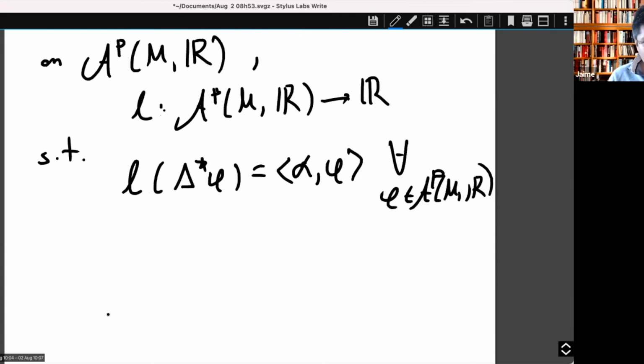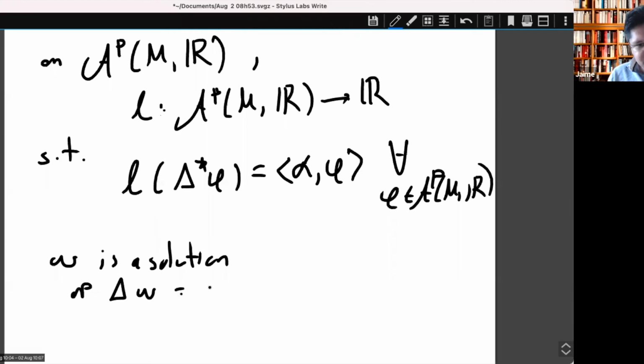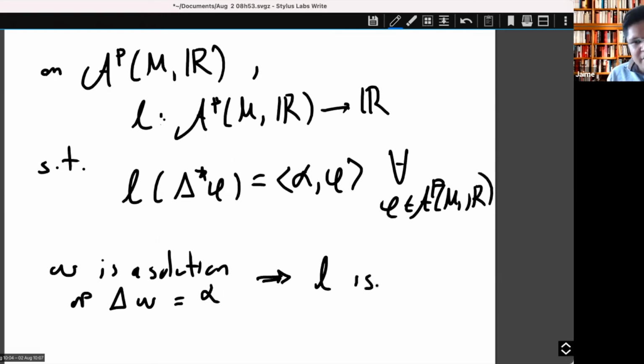So what I just said above is that when omega is a solution of the Laplacian equation, then L defined as above is a weak solution.